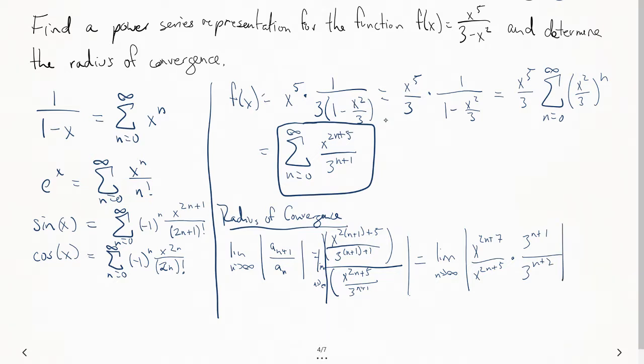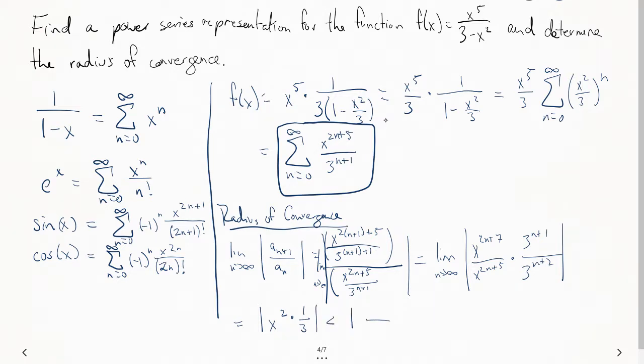Notice we can cancel out a whole bunch of stuff, and so we can technically just drop the limit with this next step. We have x squared times 1/3, and that should be less than 1.